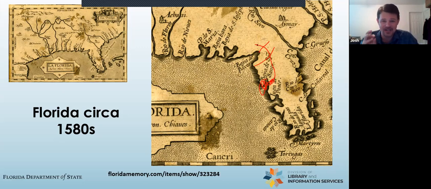In fact, we can get it down to almost an exact spot because archaeological evidence has revealed that he spent the winter just off of Apalachee Parkway near where the Governor Martin House is, because when they were doing some excavations in that area for a new housing development, they discovered shards.